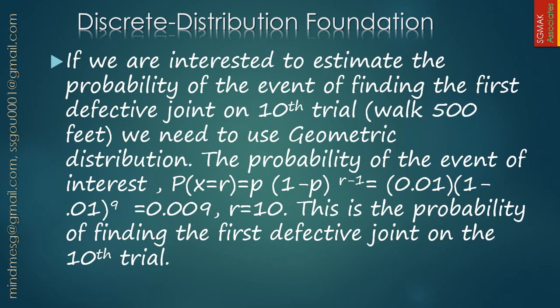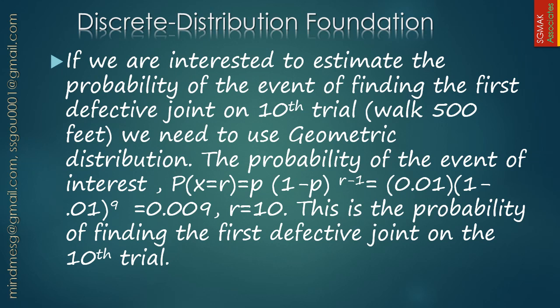Now let's look at another variation of the same problem. If you're interested to estimate the probability of the event of finding the first defective joint on the 10th trial, that means you walked 500 feet, you're on the 10th joint to be inspected, and that's the first time you find a defective joint. So the previous 9 joints are all good, and the first defective joint happens to be on the 10th trial.